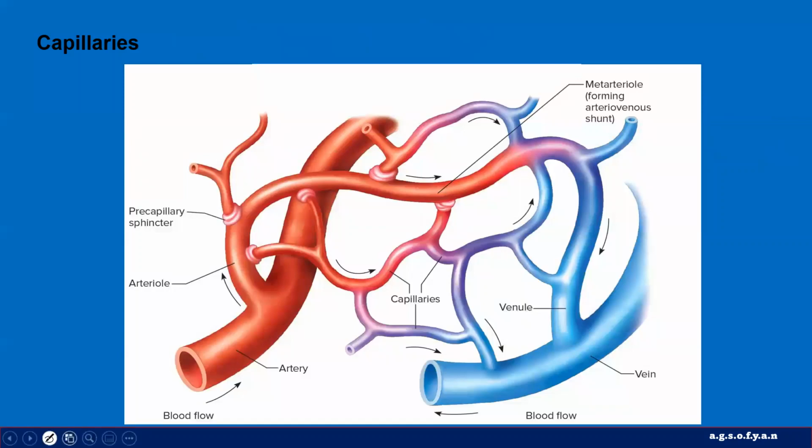Okay, look at this diagram. Remember, red means it is the one that carries a lot of oxygen, going to our body tissue. This is the arterial side. So this is artery, still bigger, and this is arterioles, smaller. And blue means this is vein in our systemic circulation.